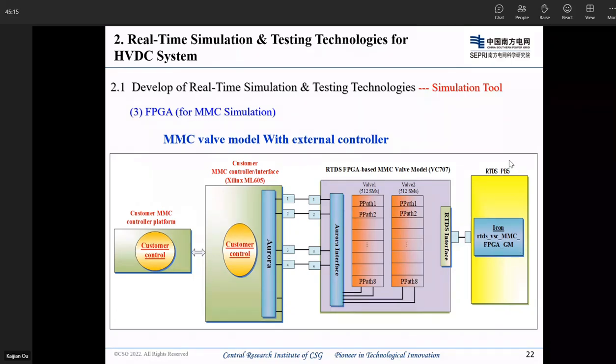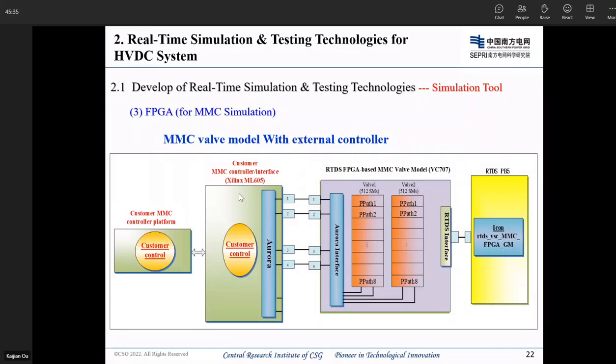We can see we use the RTDS PB5 card to connect to APJ, and then we use APJ to simulate the MMC valve model, and also to simulate the controller of the MMC.